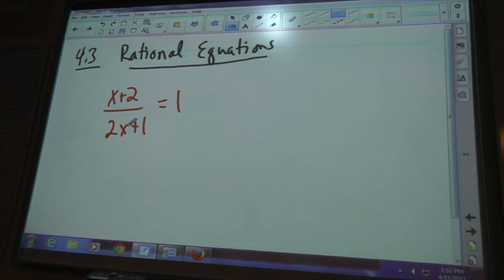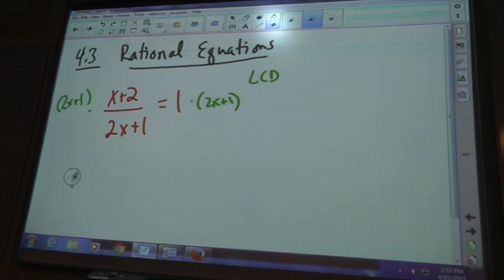You guys are high powered right now. Do the rational zeros theorem. You multiply by the LCD, right? So I'm going to multiply both sides by it. Actually, this cancels out, that cancels out. x plus 2, and what do I have over here?